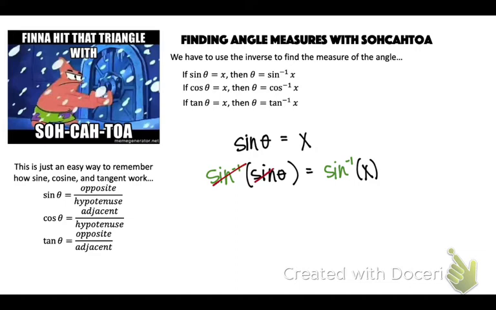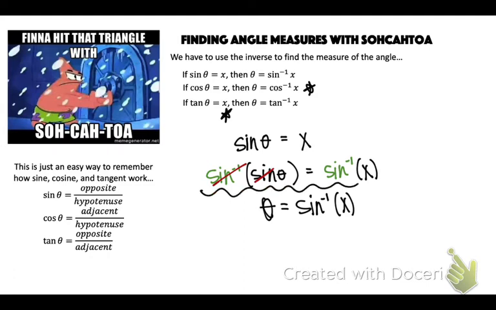So that's why we're left with theta equals the sine inverse of x. Okay, and same thing with cosine, same thing with tangent. And it's okay if you're like, I don't know anything about inverses. We have a unit on it later.